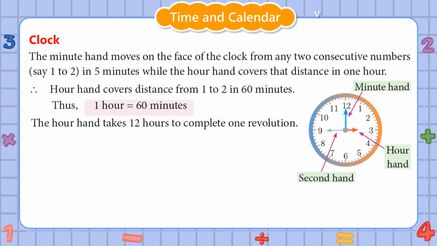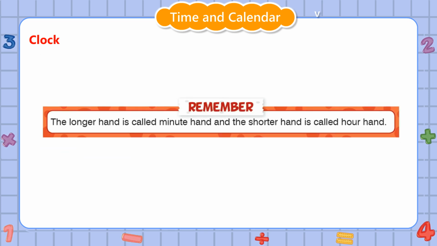The hour hand takes 12 hours to complete one revolution. It rotates twice a day. So, 1 day is equal to 24 hours. Remember, the longer hand is called the minute hand and the shorter hand is called the hour hand.